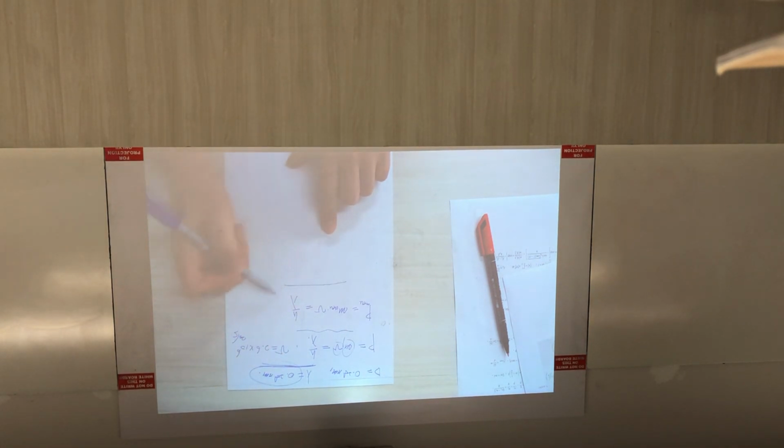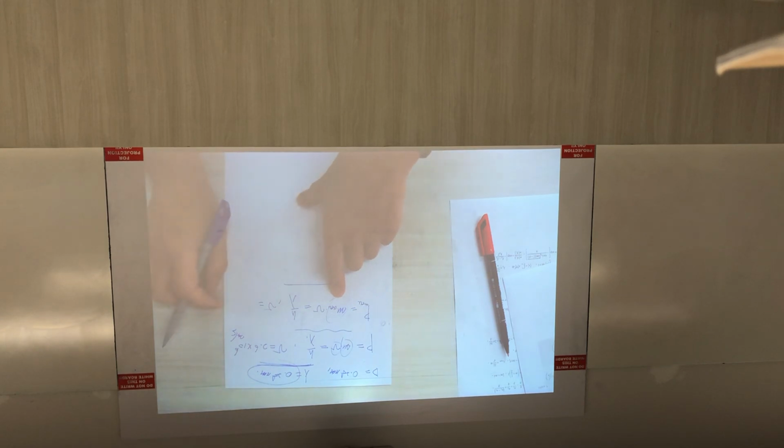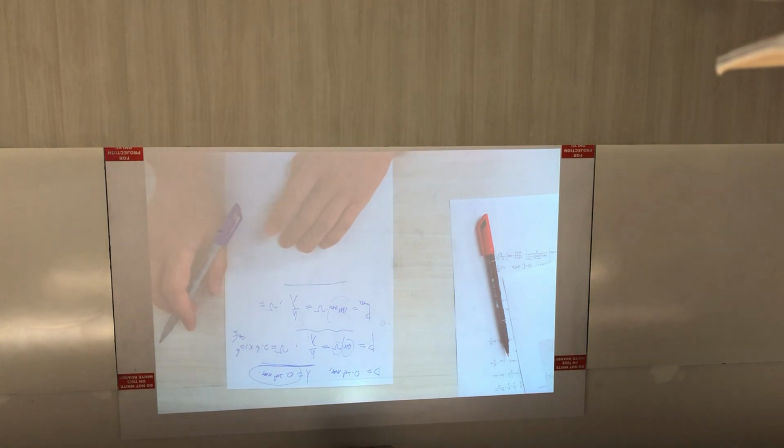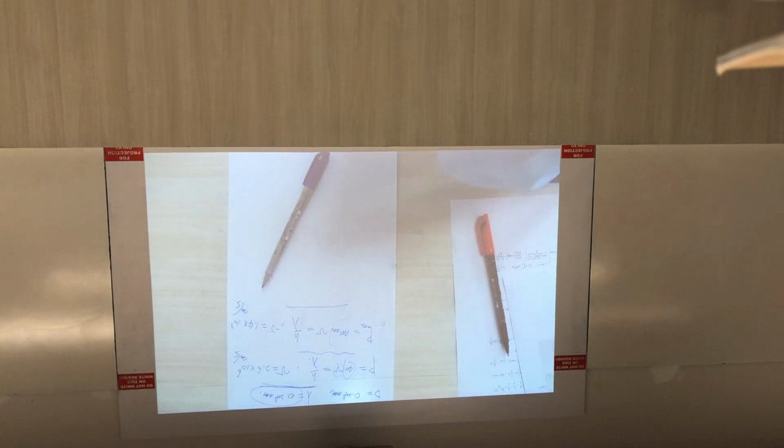We can just solve this for the speed, because the mass of the neutron is also given in the constants. Therefore, our speed for the neutron is 1.4 times 10 to the 3.